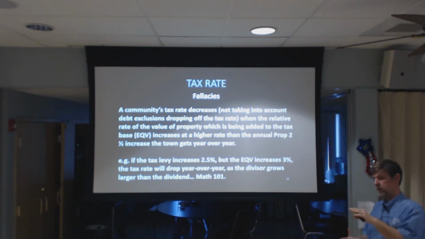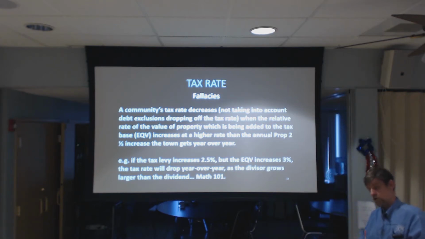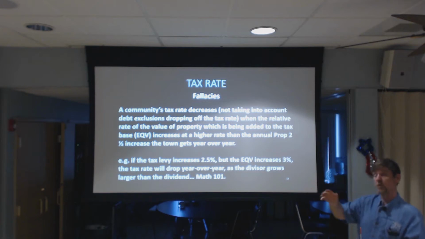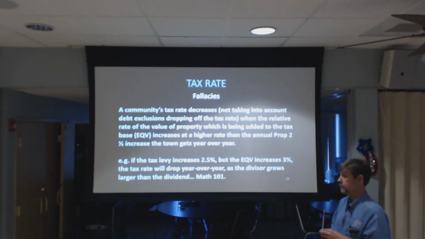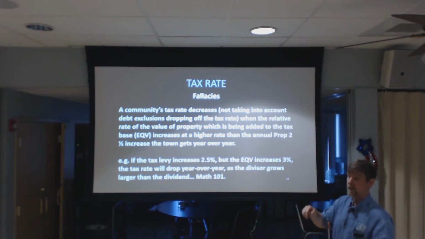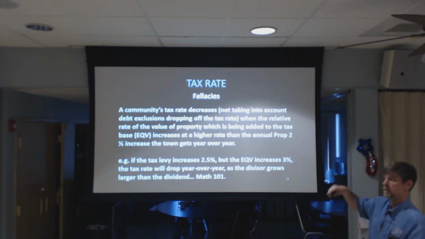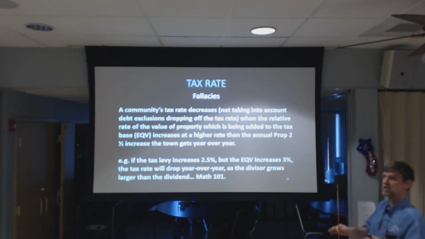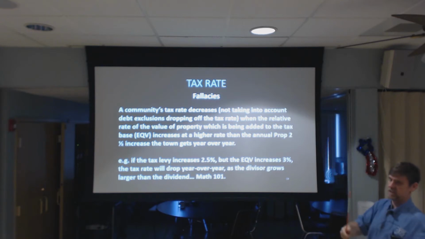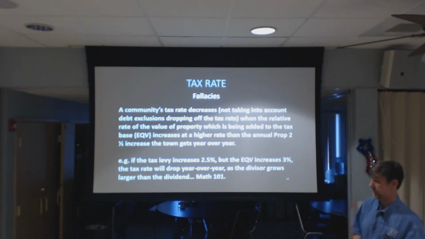So you end up with a tax rate that goes down because you're dividing a smaller number by a larger number. So year over year, if the EQV increases at a faster rate than the tax levy, then you'll see a continued drop in the tax rate, excluding when things like the senior center or the bonds that we have for the various school projects come off the tax rate.